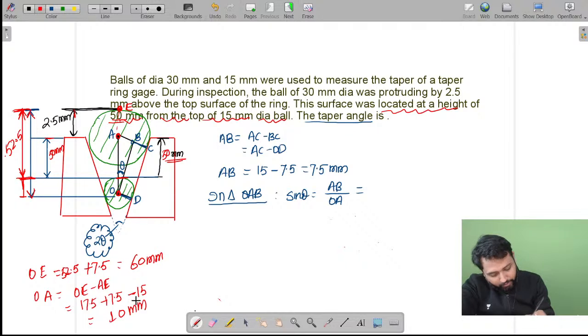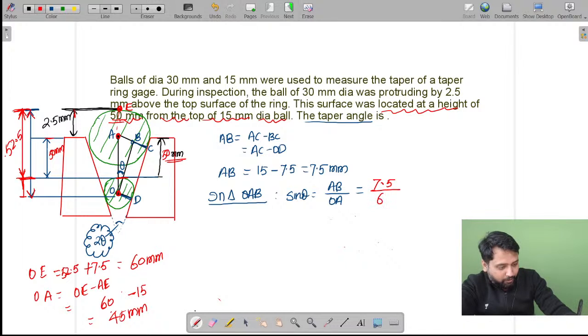So OA will be equal to OE minus AE, that is 60 minus 15, and that will be 45 mm. So that way you got OA, and AB you already have. So this is 7.5 upon 60. So theta will become sine inverse 7.5 upon 60.